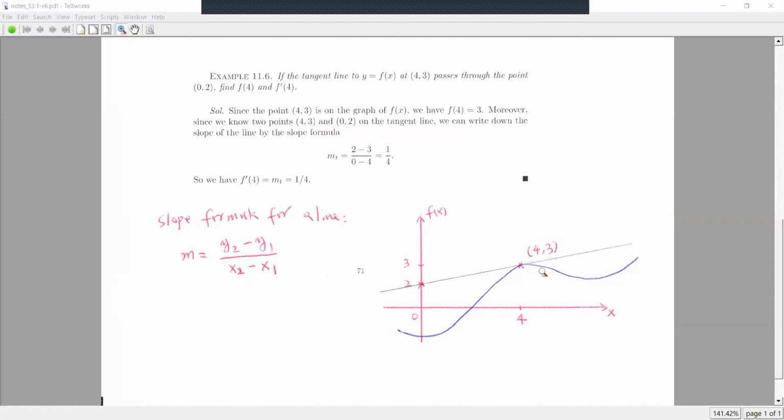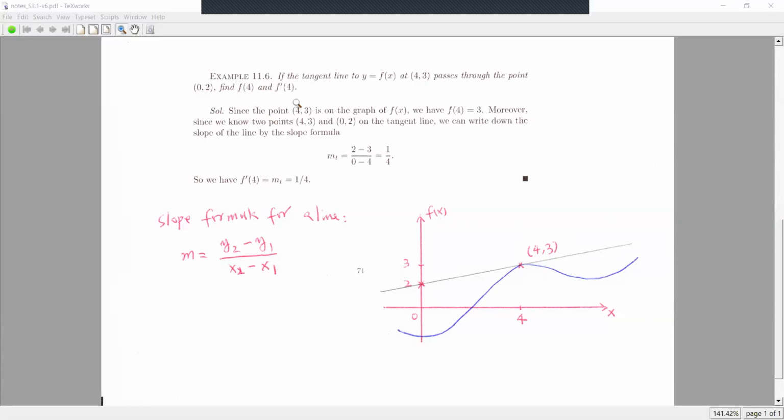Okay, now find the function value f(4) and the derivative f'(4). Because this point is on the graph of the function, the y coordinate is the function value at the x coordinate. The x coordinate is 4. So this number 3 is the function value f(4). Therefore, we have f(4) equal to 3.